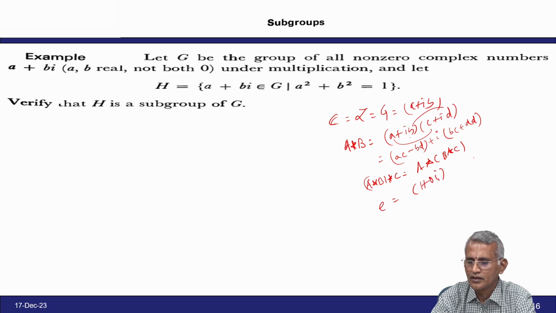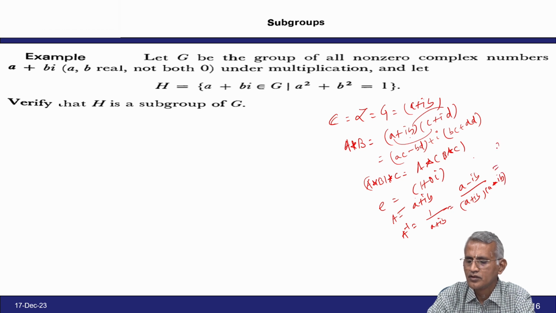For the identity, you have to take e equal to 1 plus 0i. For the inverse, a equal to a plus ib, then a inverse equals 1 by (a plus ib), which is equal to taking the conjugate: (a minus ib) by (a plus ib) into (a minus ib).